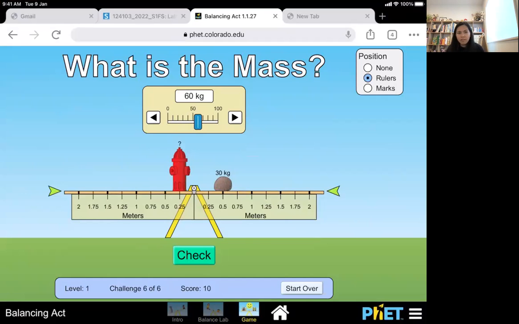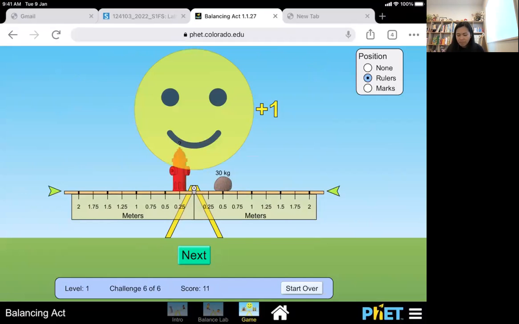Yeah. So 60 kilograms, because 60 kilograms multiplied with 0.25. Oh, so let's do that in weight. So 60 kilograms, that's 600 newtons.